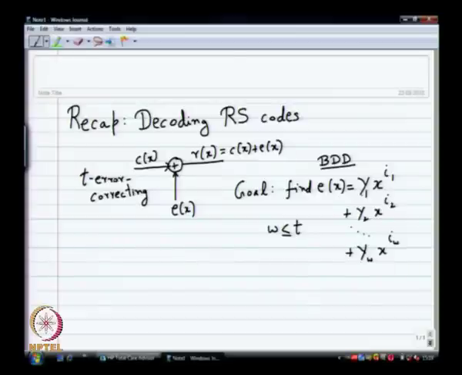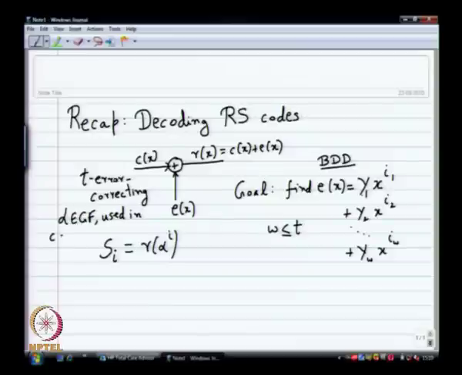So the first task is to find syndromes. The ith syndrome is defined as R evaluated at alpha power I. What is alpha? Alpha belongs to some Galois field used in constructing the code.